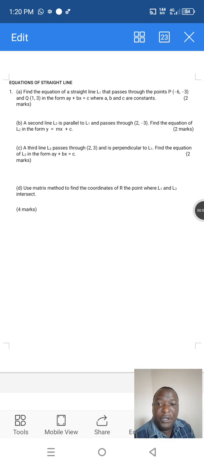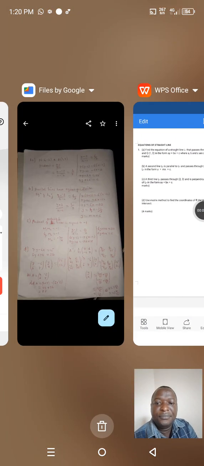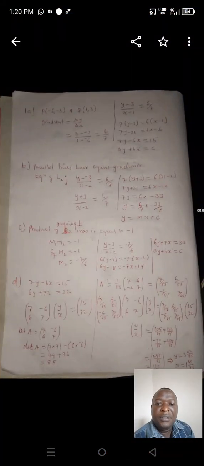For question 1b, it reads, a second line L2 is parallel to L1 and passes through (2, -3). Find the equation of L2 in the form y = mx + c. So we need to understand that parallel lines have equal gradients.